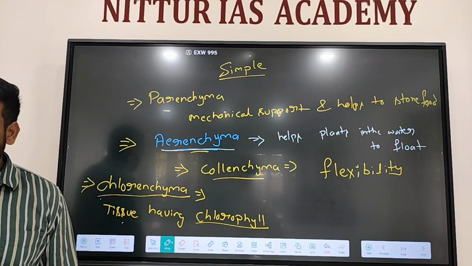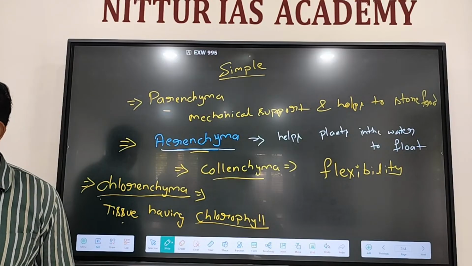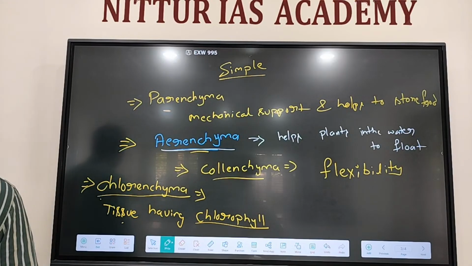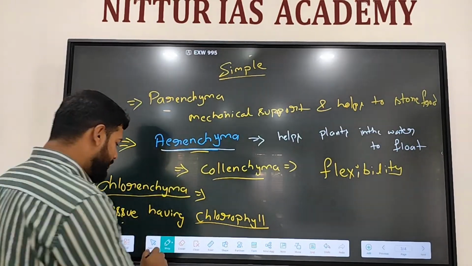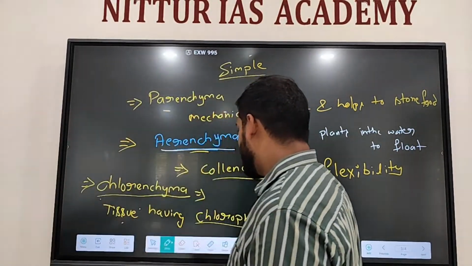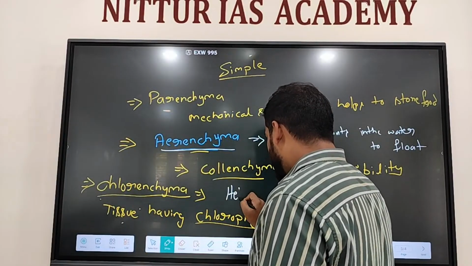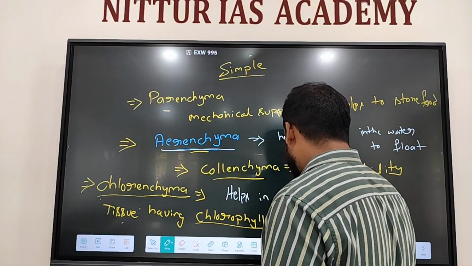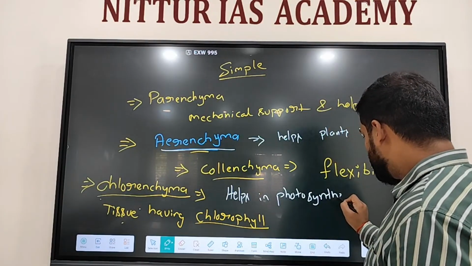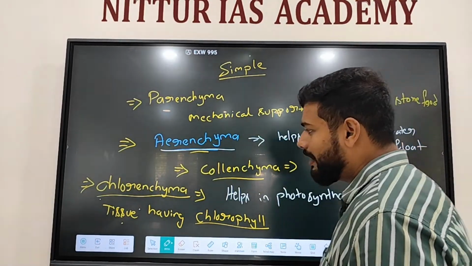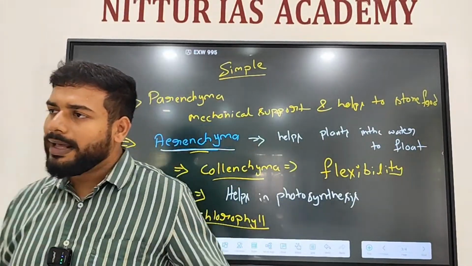Plants have the ability to do photosynthesis because they have chlorophyll. Chlorenchyma helps in photosynthesis.